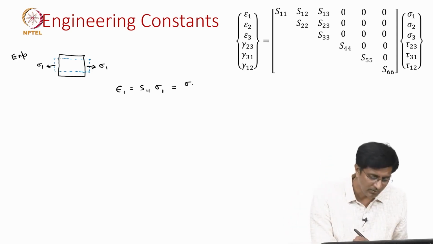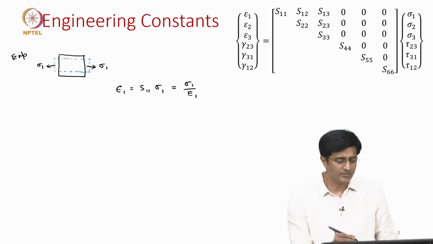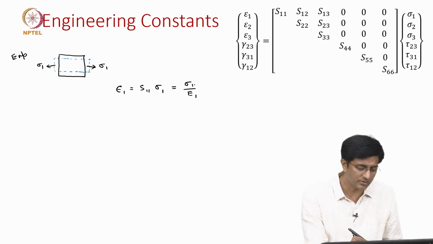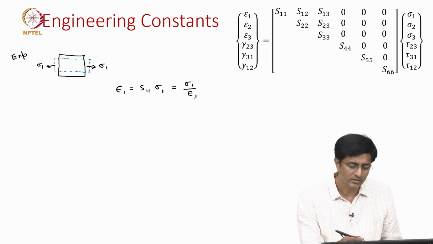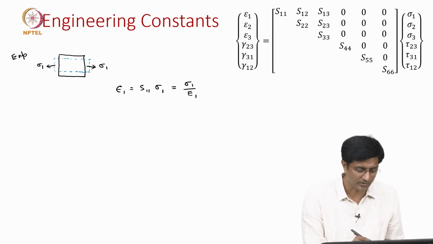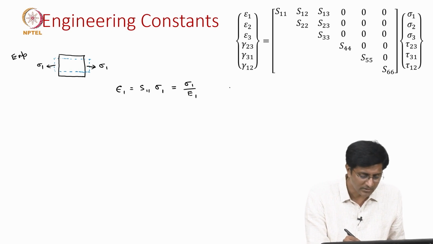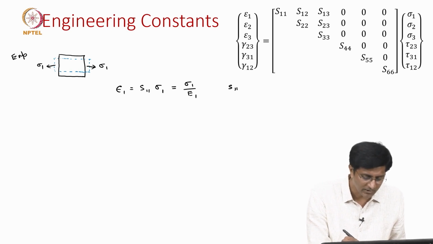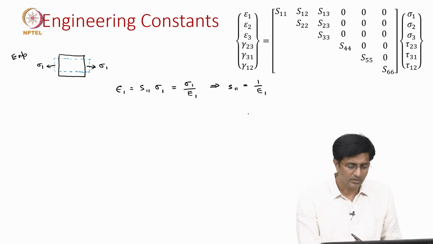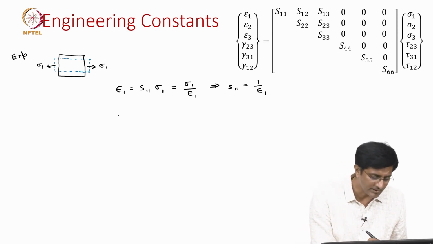Strain is sigma 1 by E1, right. Here sigma 1 is the stress in direction 1 and E1 is the elastic modulus in direction 1. So, from this we can say that S11 is simply 1 by E1, right. Now, let us move to the second strain.